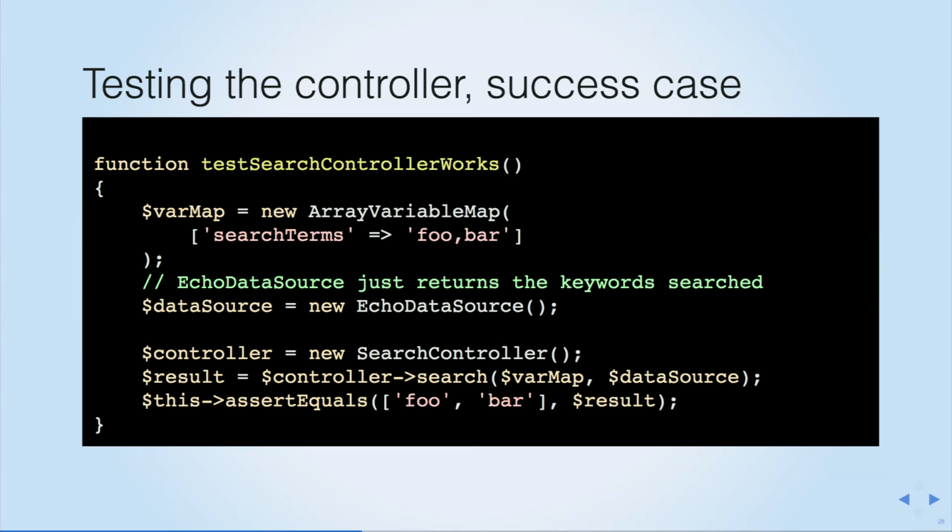we can test in the code that when we pass in some parameters to the Echo data source, it just returns us the options that we passed in. And for me, that's a lot easier to code and understand than having to create mock objects.